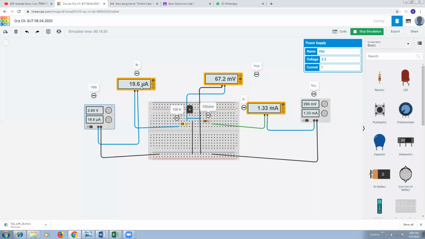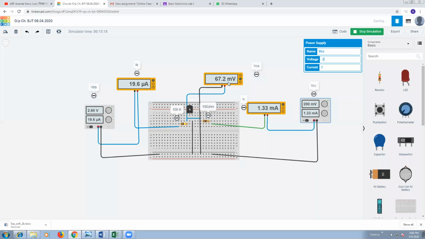So for the first set of readings, keeping IB at 19.6 microampere, we have to vary the VCC. First I vary the VCC by 0.2 volt. Here we can see the corresponding IC is 1.33 milliampere, and the corresponding VCE is 67.2 millivolt.